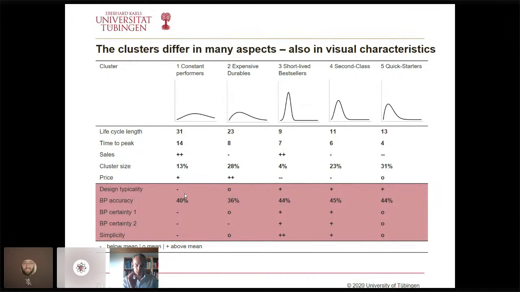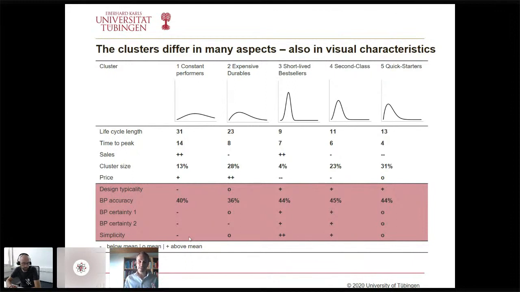So in clusters 1 and 2, the products are slightly less typical than in the other clusters. The neural networks that we trained do a better job identifying the brand from these clusters than in the other clusters. That is visible here with the accuracy, but also with the certainty. On top of that, the simplicity is also higher in these classes compared to the other classes.